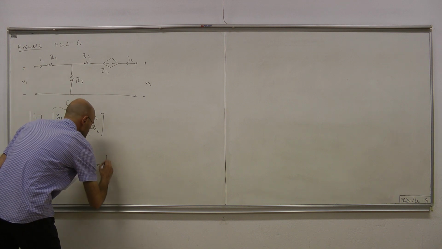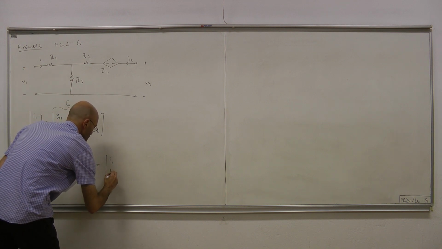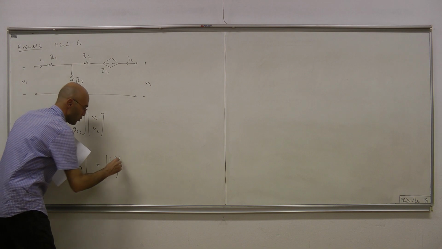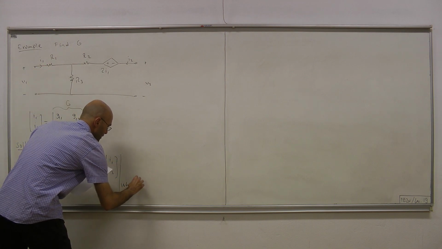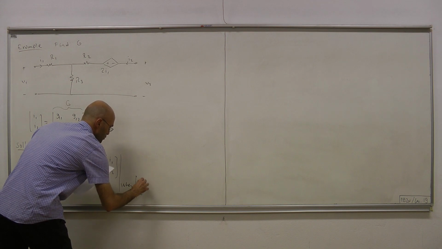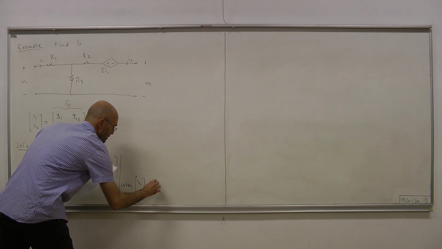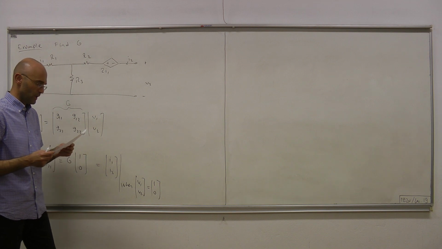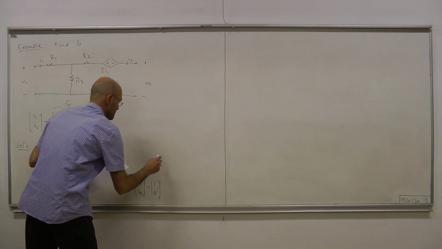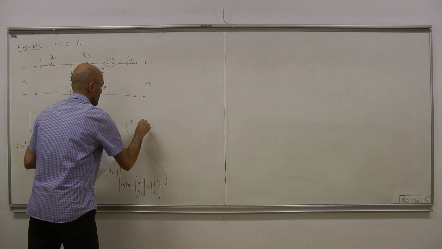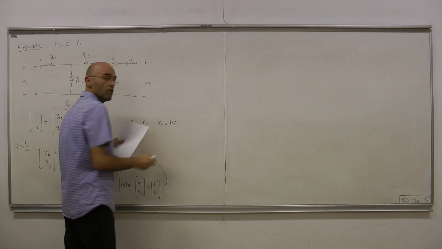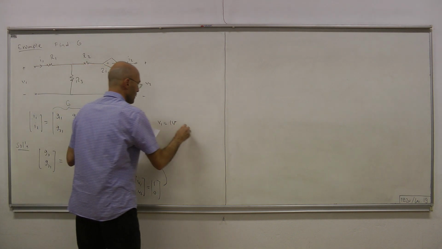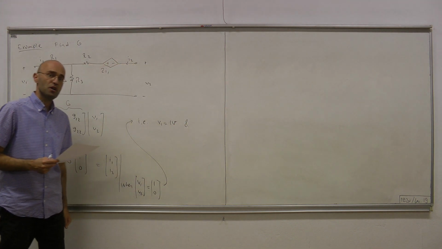So that equals I1, I2, the currents under the condition that (V1, V2) equals (1, 0). That is, V1 equals 1 volt and V2 equals 0.